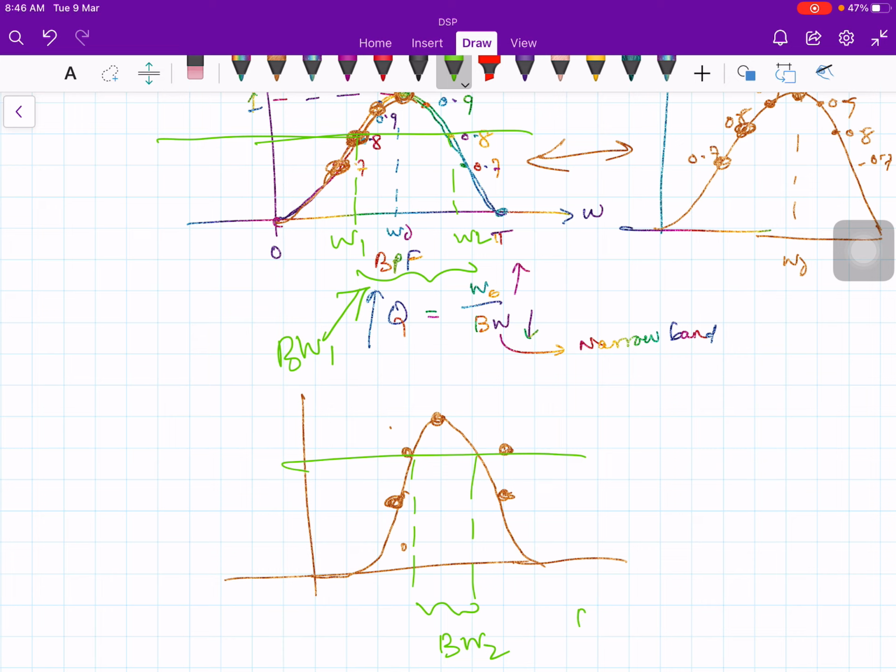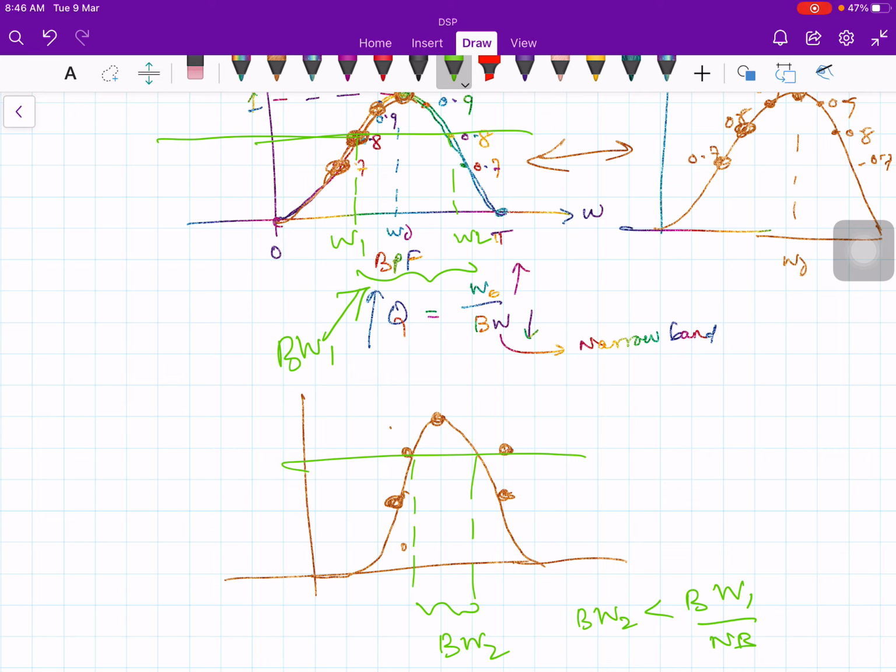Now bandwidth 2 is less than bandwidth 1. So that means essentially I am getting the narrow band pass filter. So how can I achieve this narrow band pass filter? By cascading two band pass filters, so that the bandwidth is reduced and the Q value also increases.